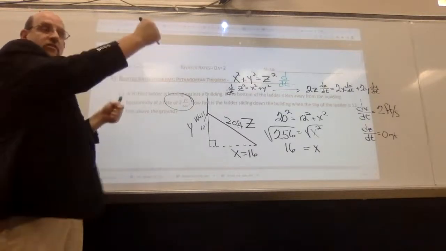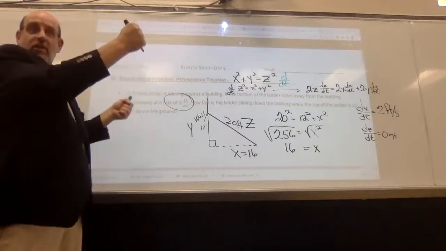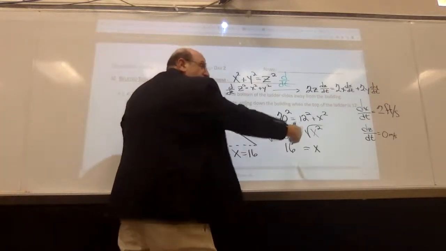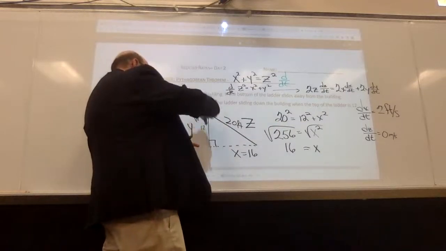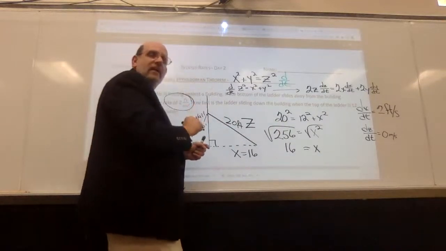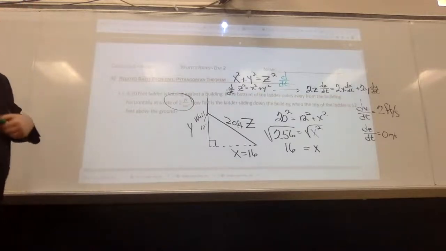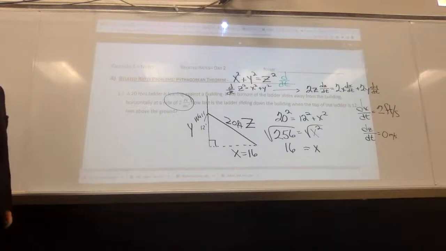The sides, the legs of the triangle, are going to change, because this is going to expand 2 feet every second. This is going to come down just a little. If it said something like the ladder expanding at a rate of 1 meter per second, then our dz/dt would be 1 meter per second.